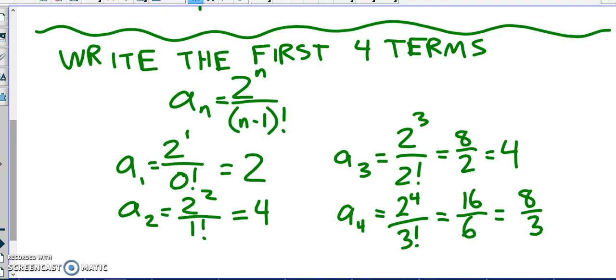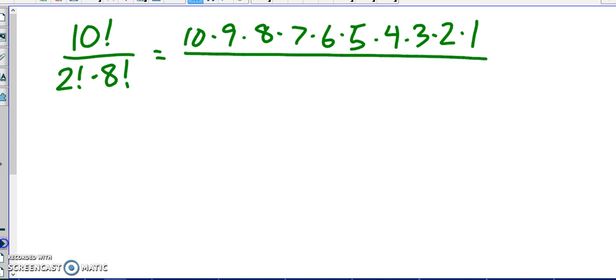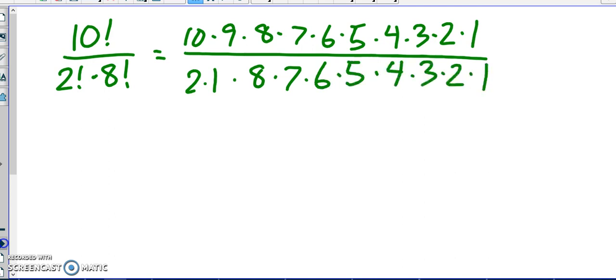I guess I have a minute to bring up something else. If I have to do 10 factorial over 2 factorial times 8 factorial, I could write that out. This could be 10 times 9 times 8 times 7 times 6, and then I could write out all the stuff underneath it, like so. 10 times 9 times 8 times 7 times 6 times 5 times 4 times 3 times 2 times 1, all over 2 times 1 times 8 times 7 times 6 times 5 times 4 times 3 times 2 times 1.